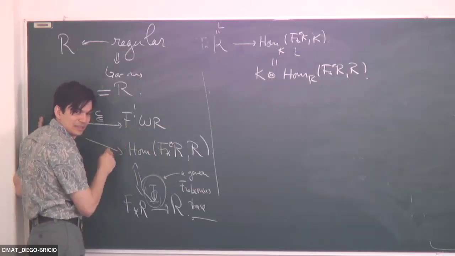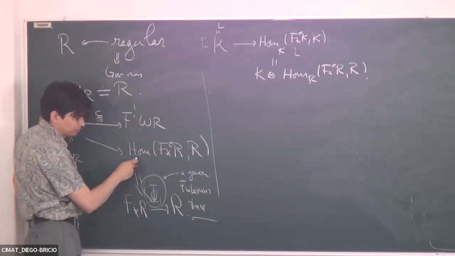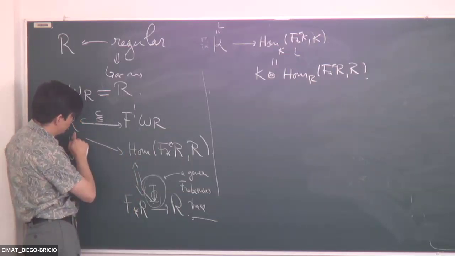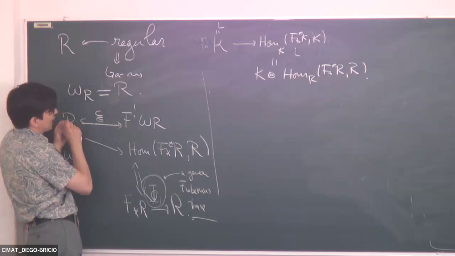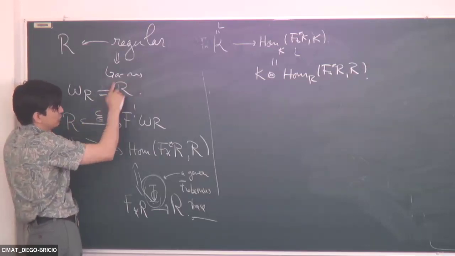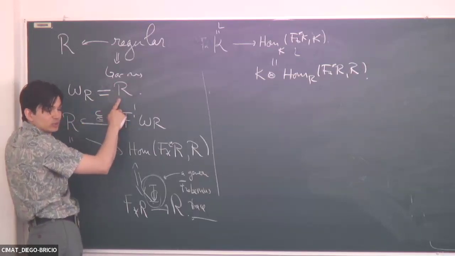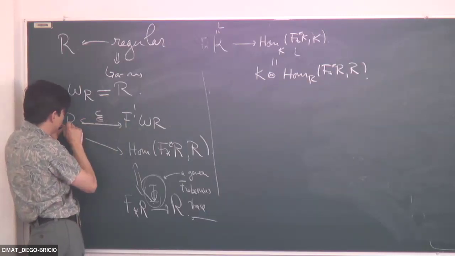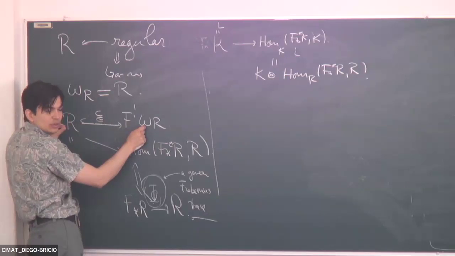Can you please explain this part again? Which part? Yeah. So I need to cook up, and in principle, I wish I had a Cartier operator for R. That's my dream. That's what I'm trying to cook up. That would entail finding an isomorphism from here to here.